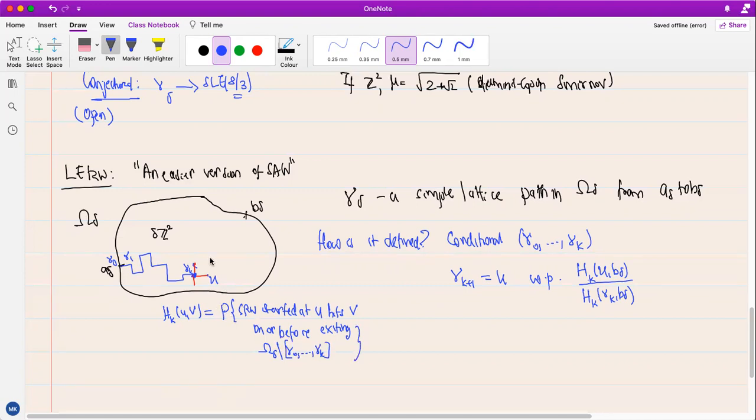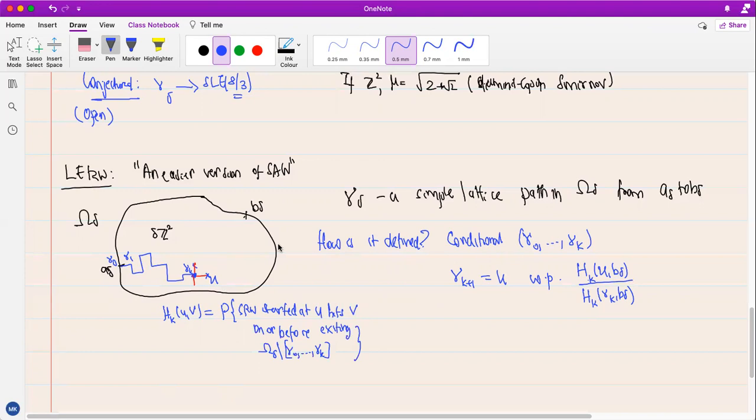So what you do is you calculate from here the probability that a random walk will exit through b delta. So h_k of u b delta is the probability that a random walk started here will hit b delta before hitting any other point on the boundary or the path that already exists.